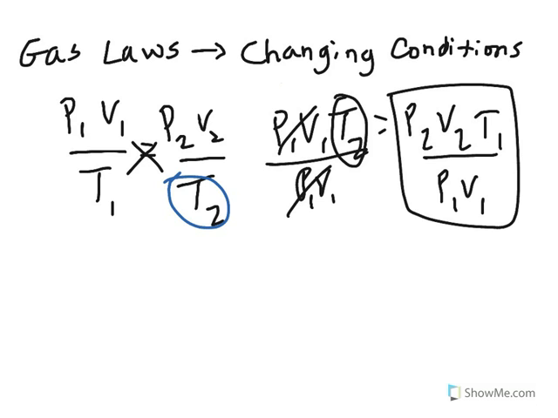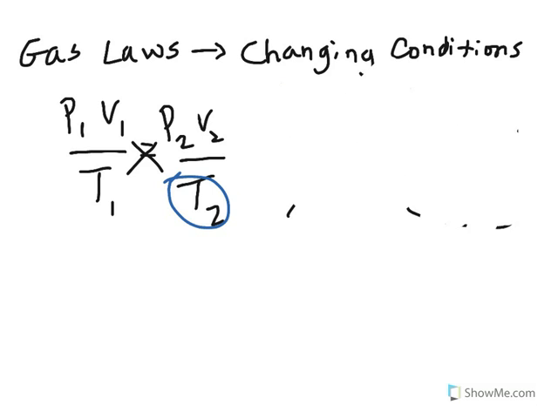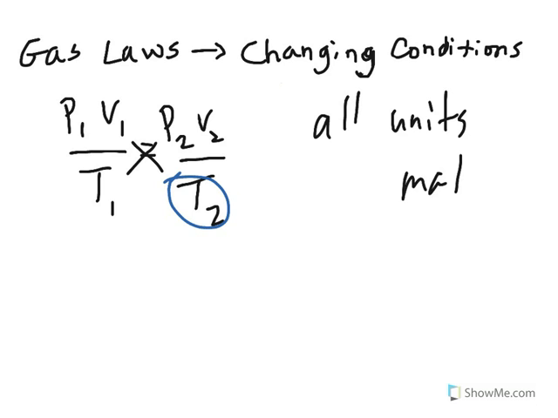Now there's a couple of restrictions you need to know before I'm done. Something you need to know if you're going to use this formula, and the same is true for Boyle's law and Charles' law and all those things, but especially this one, is that you have to make sure all units match.